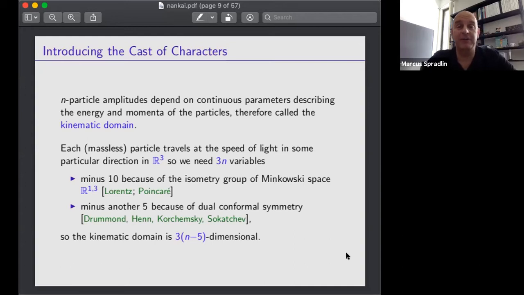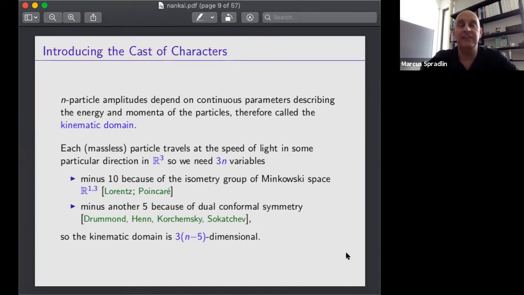First of all, you have the isometry group of Minkowski space, that is, the translations, rotations, and boosts that comprise the Lorentz and Poincaré groups. That's a 10-dimensional space, so the effective number of degrees of freedom is reduced by 10.